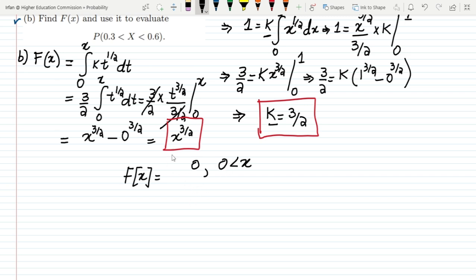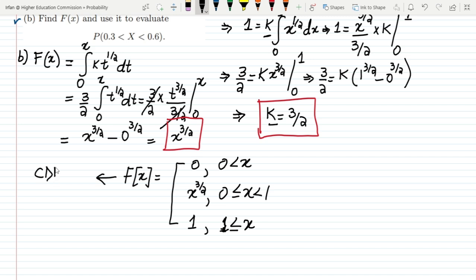It is equal to x to the power 3 by 2 for the range where x is greater than or equal to 0 and less than 1, and it is 1 for all x greater than or equal to 1. So this is the CDF of the function which I had to find.